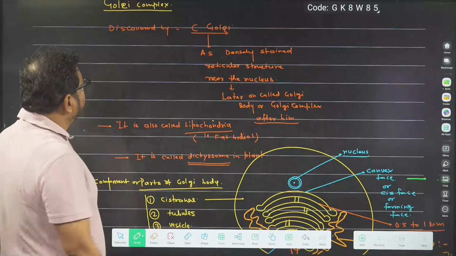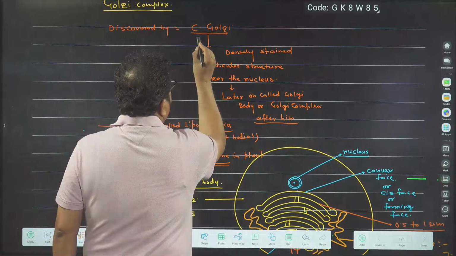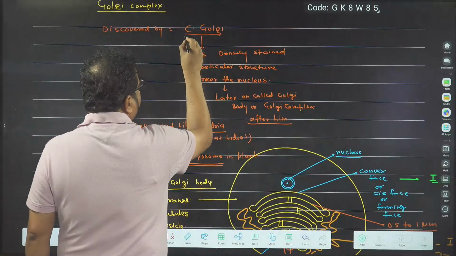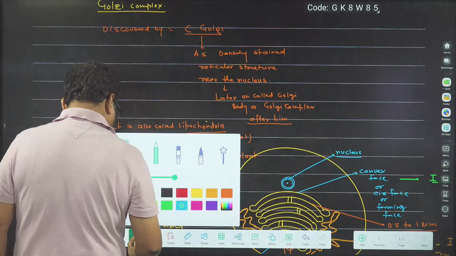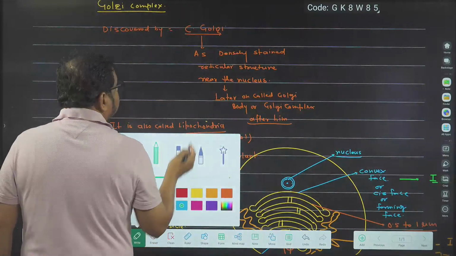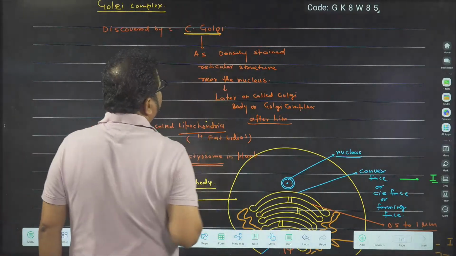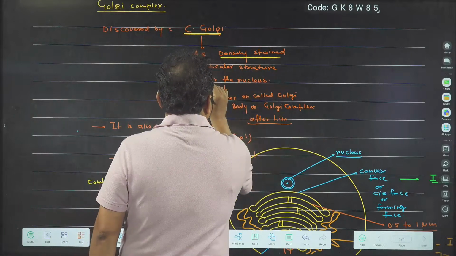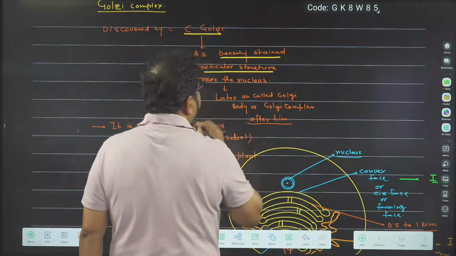So Golgi complex was discovered by Camillo Golgi. Who discovered it? Camillo Golgi discovered it. How did he discover it? He found a densely stained reticular structure present near the nucleus.